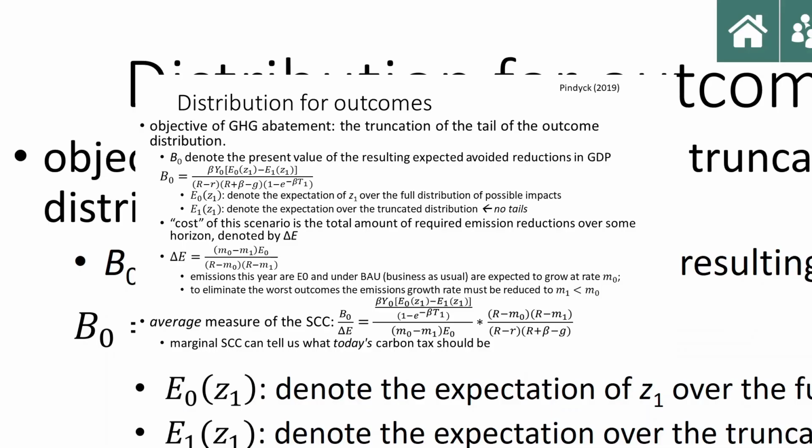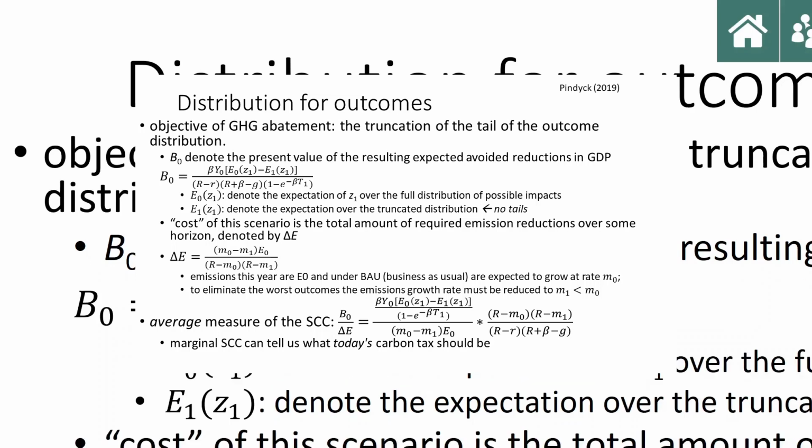And after that, he puts all the data inside the equation, so we can see now we have a nice B and a nice delta emission, and then at the end of the day, we can have this equation. And if you take this equation and put it back into the DICE model, then we can have much fancier results.